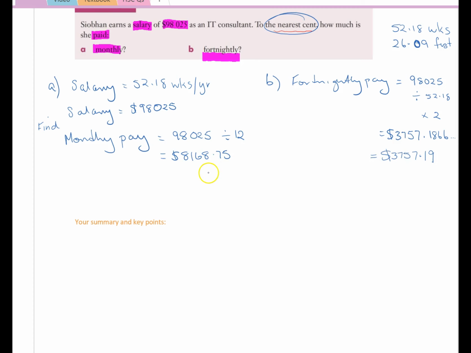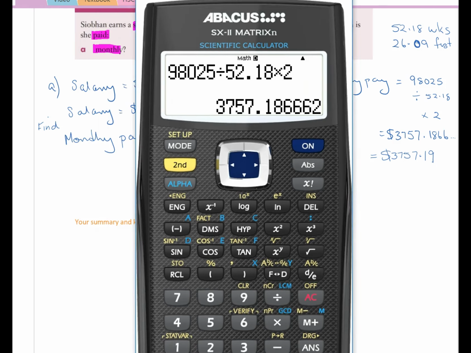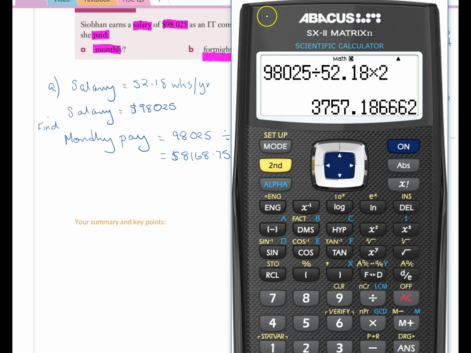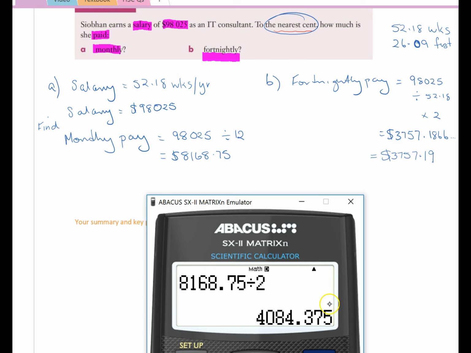Please note that that is not half. If you take this 8168.75 and divide it by 2, because maybe you think there are 2 fortnights in a month, let me just show you that there aren't. So you can see there that this answer would actually be incorrect.